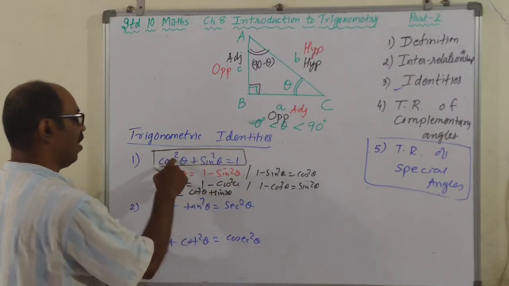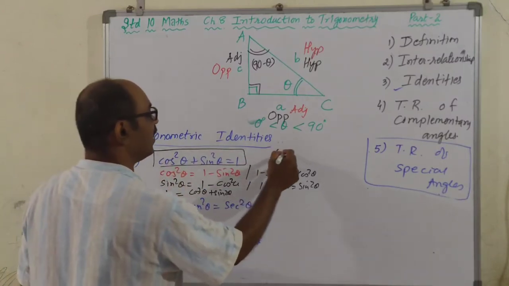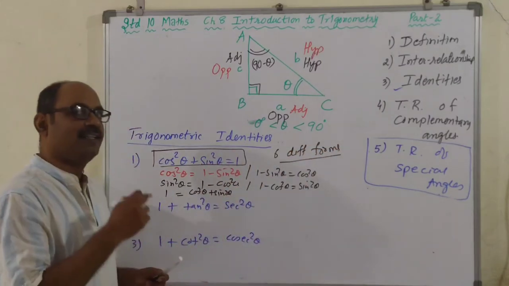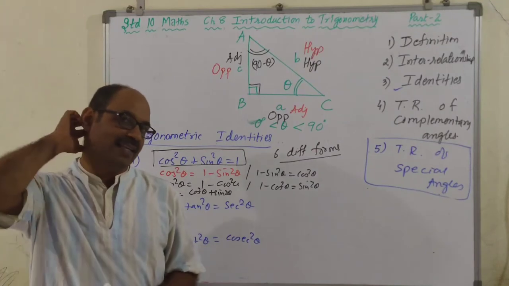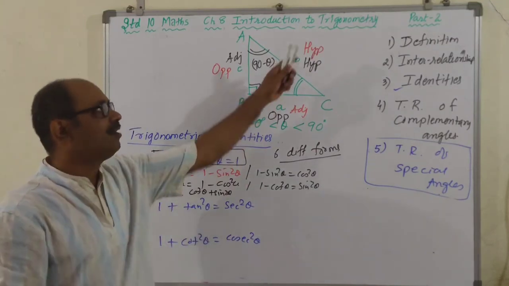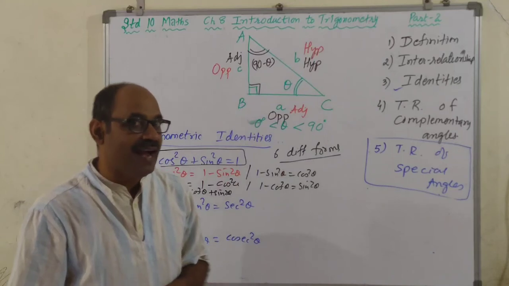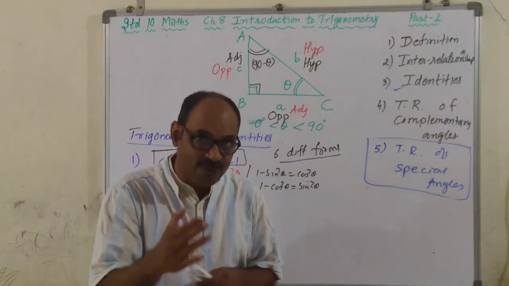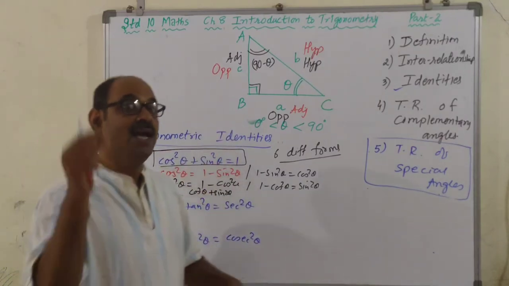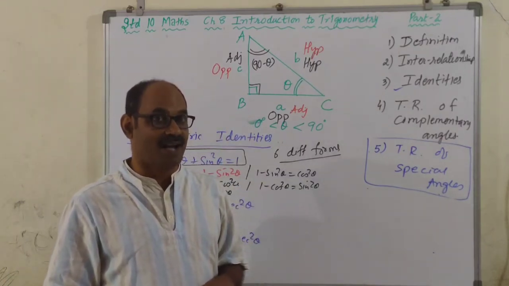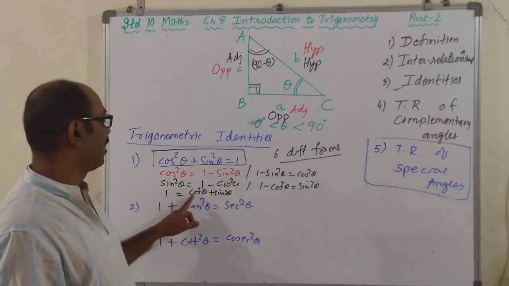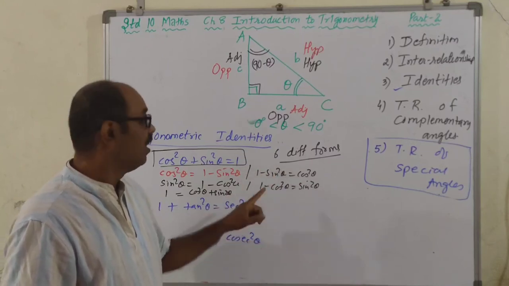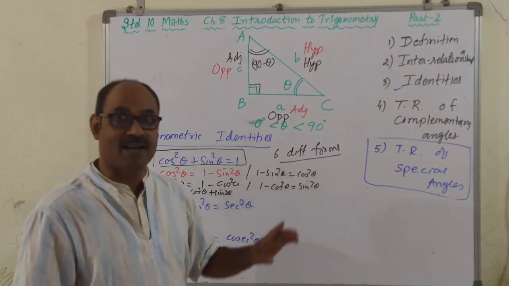आइडेंटिटी एक ही है, लेकिन 1, 2, 3, 4, 5, 6 डिफरेंट फॉर्म्स में आपको याद रखना है, और यही दिक्कत है. And that is our difficulty. That's why we find one part of this chapter tough, that is prove that. जब प्रूव करना होता है left hand side is equal to right hand side, you find it tough because ये 6 फॉर्म में से कोई भी एक सब्स्टिट्यूट आपको करना पड़ता है. कभी 1 की जगह पे आपको लिखना पड़ेगा cos square plus sin square, कभी cos square की जगह पे लिखना पड़ेगा 1 minus sin square, कभी 1 minus cos square की जगह पे लिखना पड़ेगा sin square.